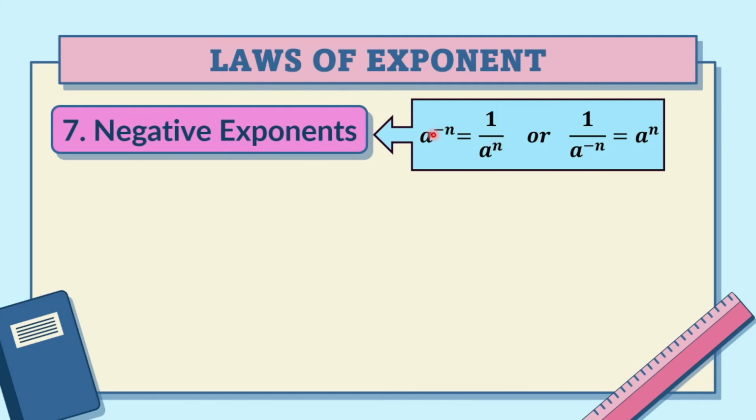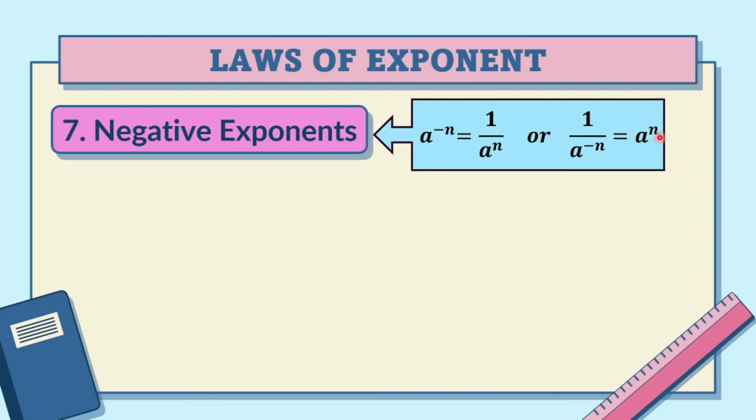Okay, so ito ay nasa numerator, so bababa siya, magiging denominator para maging positive. Paano naman kung ang ating negative exponent ay nasa denominator? Okay, so siya naman ay pupunta ng numerator at magiging positive exponent na siya.